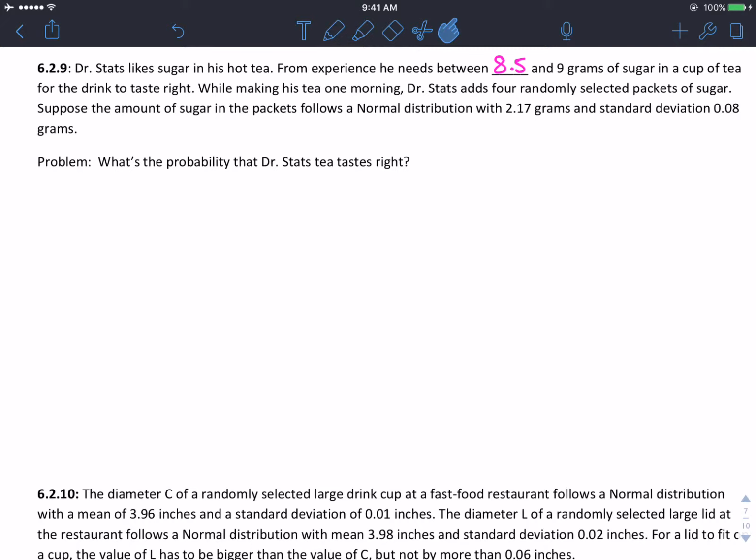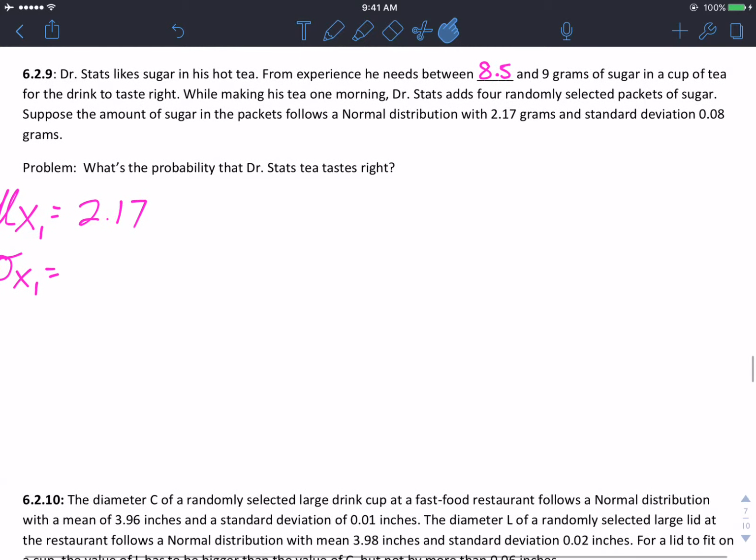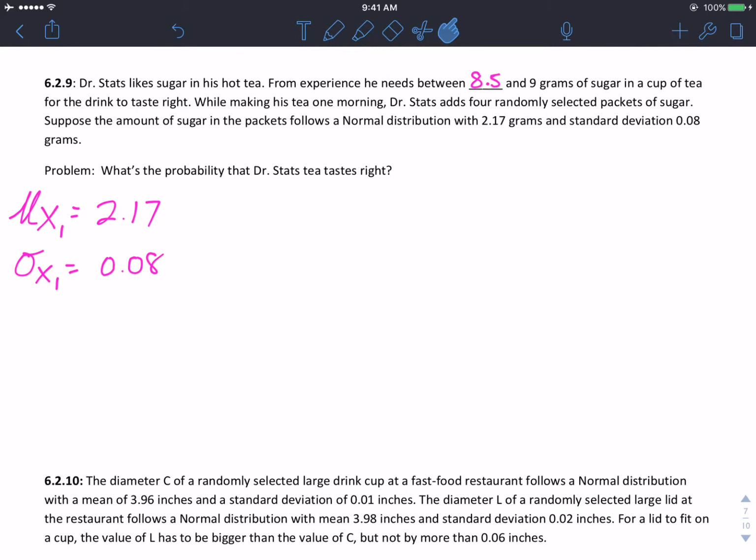So you add tea packets, and the mean of packet 1 is 2.17 with a standard deviation of 0.08. He randomly selects four packets of sugar. What's the probability this tastes right?